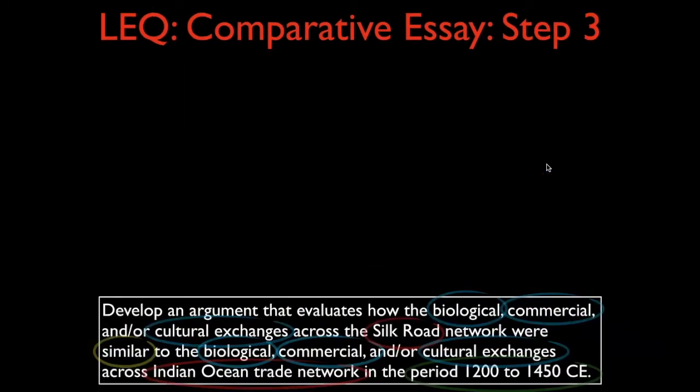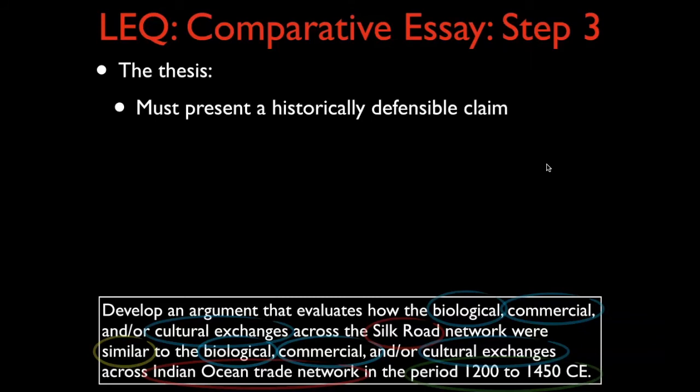The next step is to write a thesis using those claims that you've just started to generate. So the thesis must present a historically defensible claim, or another way to think of it is like multiple claims synthesized into a more cohesive claim. So it must establish a clear line of reasoning. It can't be based on things that are historically inaccurate.